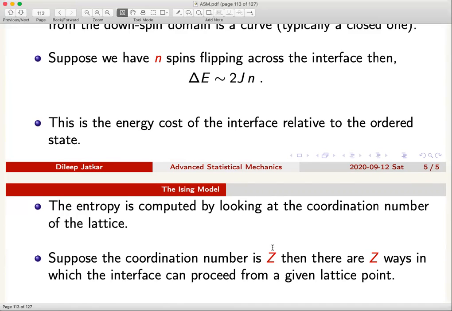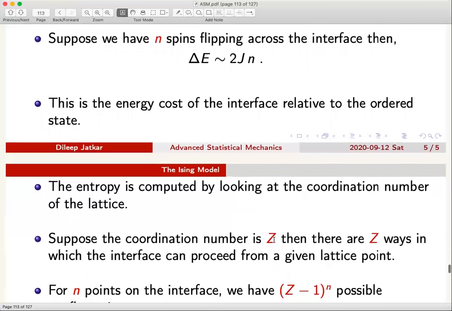For example, on a square lattice, if you are at one particular site, there are 4 directions in which you could go. Your coordination number is 4, and if you have an interface at that location, then that interface has 4 directions in which it could go. Now that is a bit of a wrong calculation.